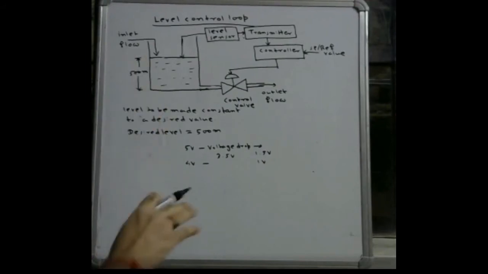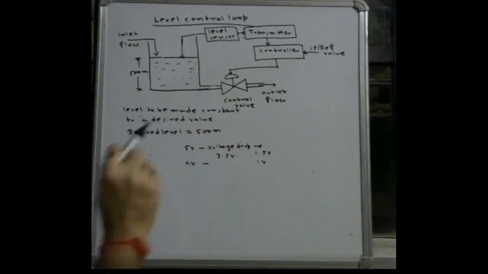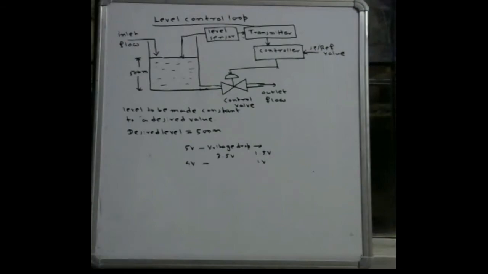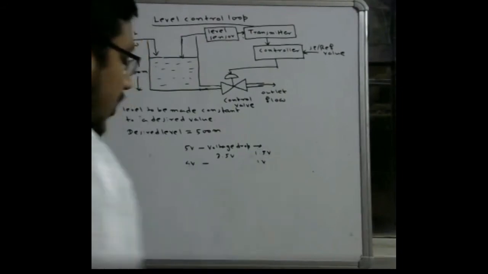So due to these factors, the resistance of the cable will not remain constant always. As the resistance will not remain constant, the voltage drop also is not constant. So it will vary from time to time depending upon the ambient condition. That's why this voltage will not remain constant.